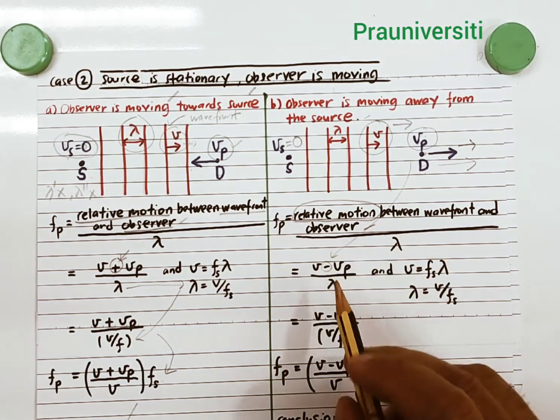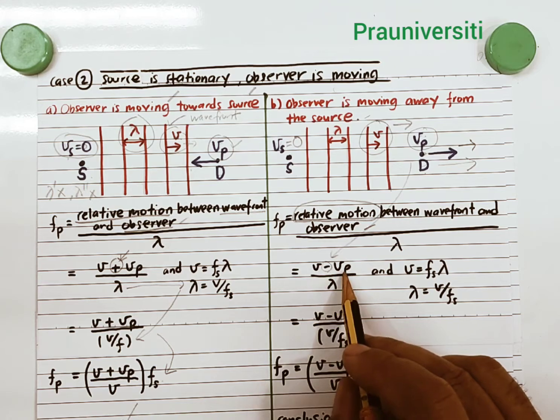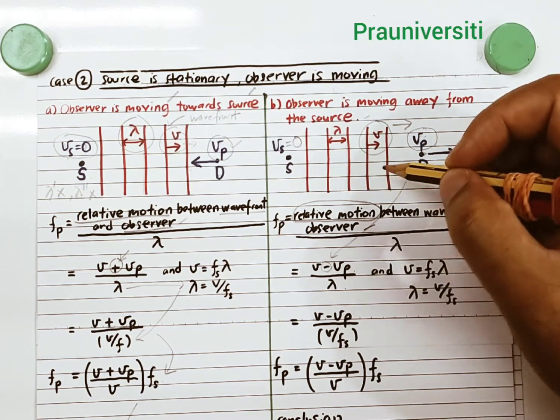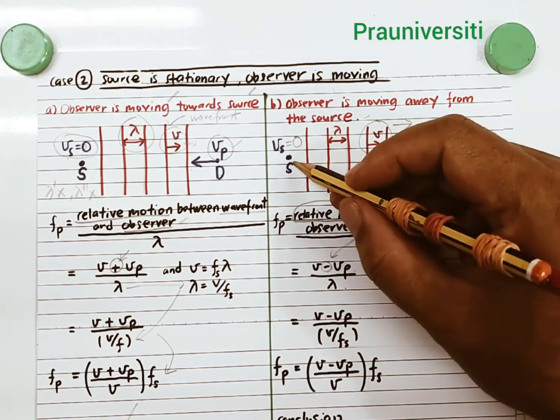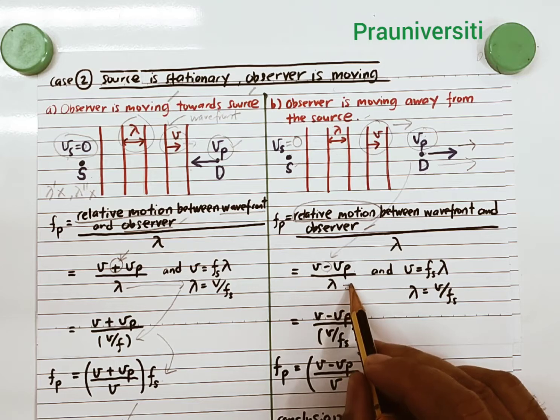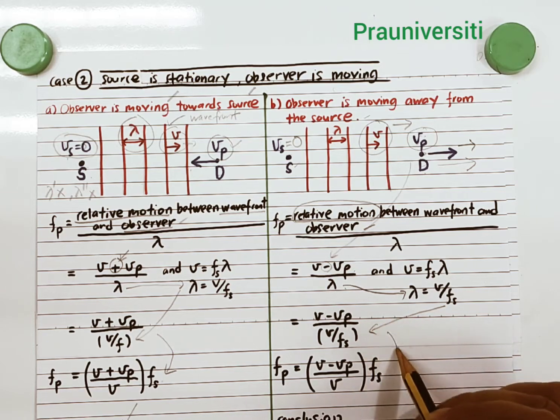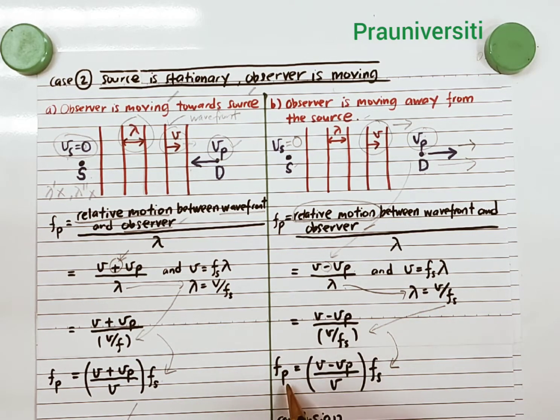The relative motion is V minus Vp, over lambda, because in this case we don't have lambda prime, since the source is not moving. Then we replace lambda with V over Fs, the original frequency, and we get this equation: Fp is equal to V minus Vp over V times Fs.